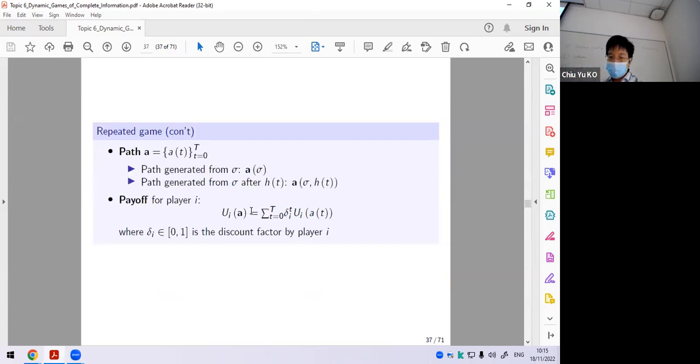Here we call the path generated the equilibrium path, and the payoff will be just the summation of all the payoffs. That's why starting from 0 makes the equation easier; otherwise it would be T minus 1.